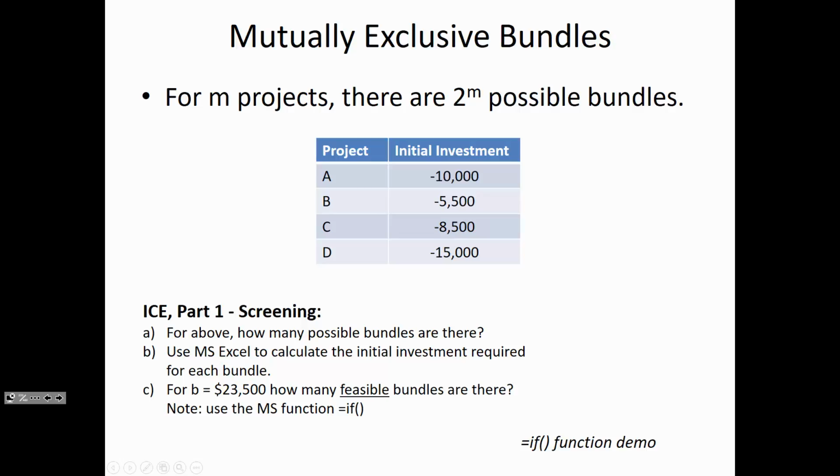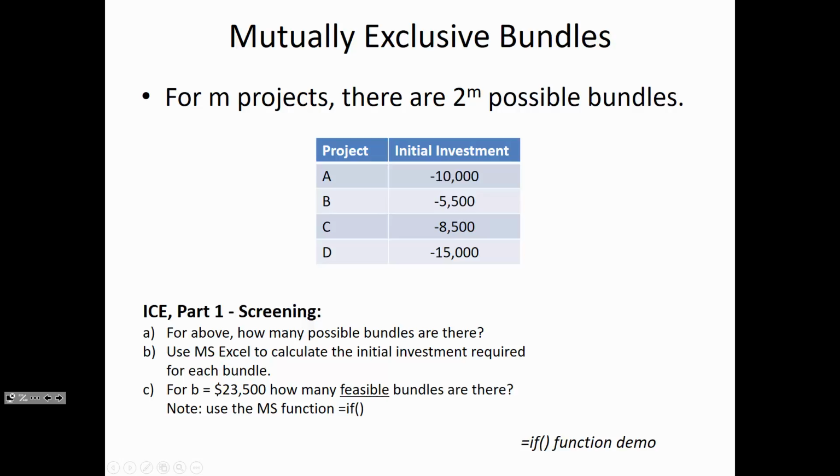So for our in-class exercise today, we have projects A, B, C, and D. And you can see how much each of them costs in terms of how much money we need today, the dollars at year 0 to do it. One of the alternatives is always do nothing. So that's one of our options.